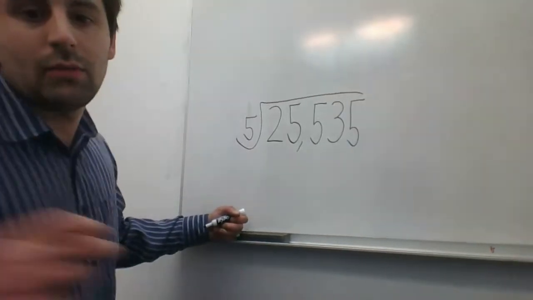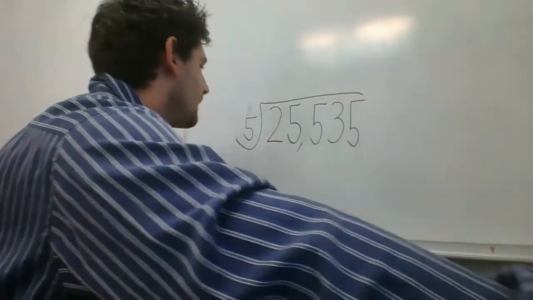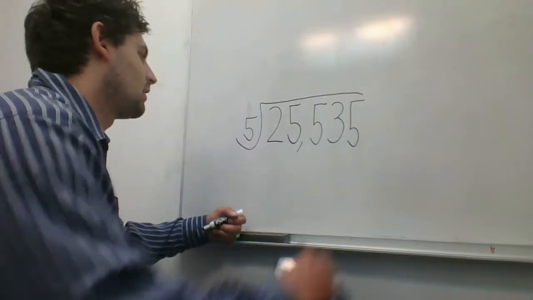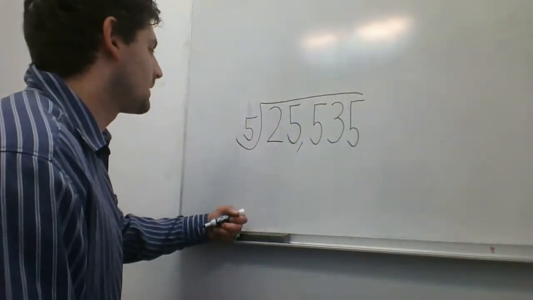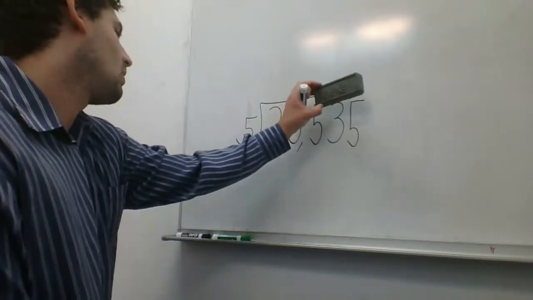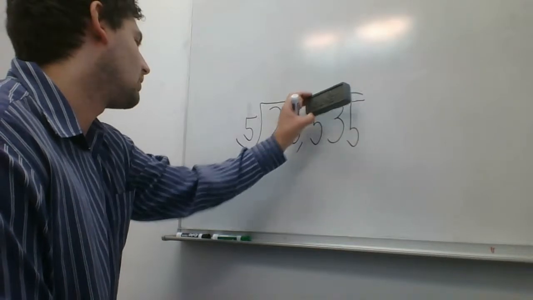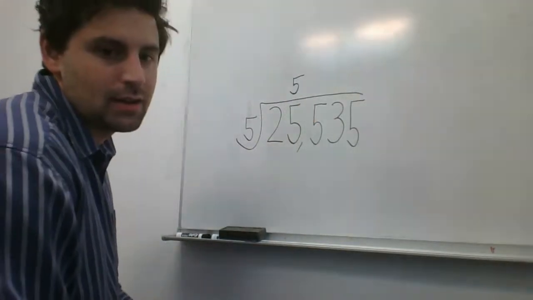So step 1, we want to divide using the smallest number of digits possible. And the only rule is that the number inside the box has to be bigger than the digit outside the box. So looking here, we can't do 1 digit by 1 digit because 5 is bigger than 2. But we can start out with 2 digits here. 25 would be bigger than 5. So 25 divided by 5 equals 5.